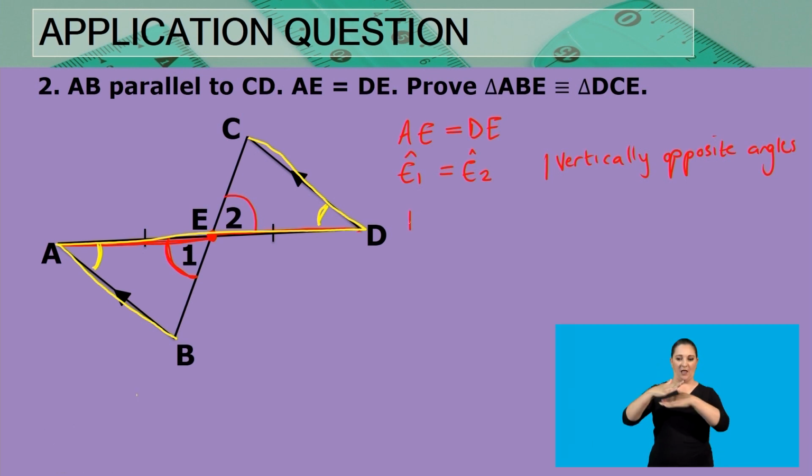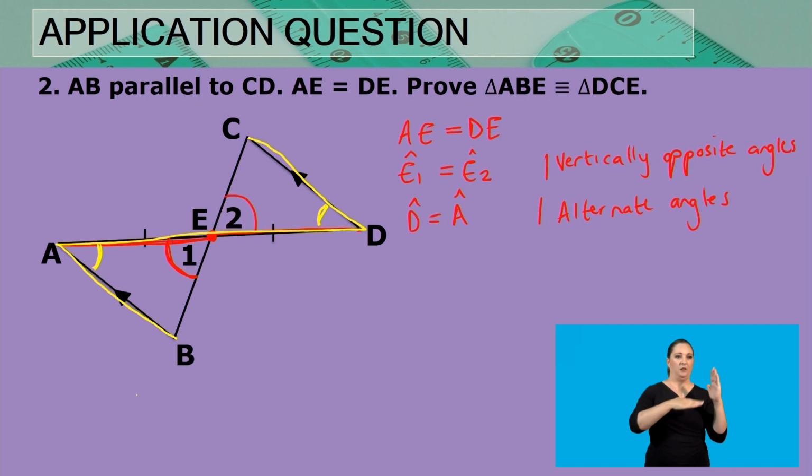So that means that angle D is equal to angle A, and that is because of the alternate angles. And they are only equal because AB is parallel to CD.